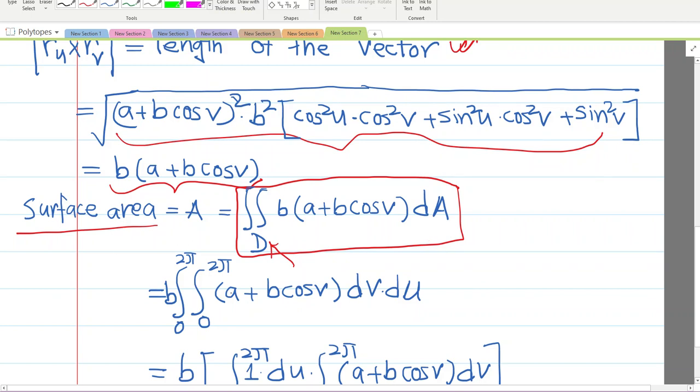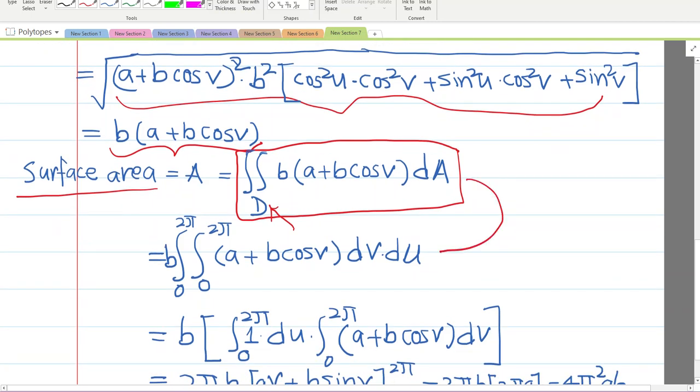So D is a nice rectangle. So rewriting this double integral as an iterated integral, we take the constant b out. So 0 to 2 pi and 0 to 2 pi, because D is a nice rectangle.